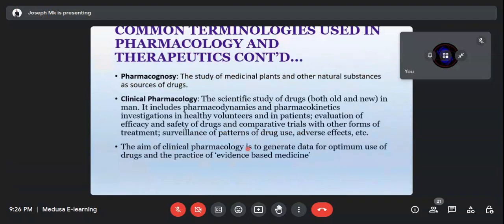Pharmacognosy. I'm sure we've even talked about this already when we were talking about the sources of drugs. So pharmacognosy is just the study of medicinal plants and other natural substances as sources of drugs. For example, if I have a flu, I want to get an onion, mix it, boil it, and drink it. That one we can get in pharmacognosy, because this is simply the study of medicinal plants.